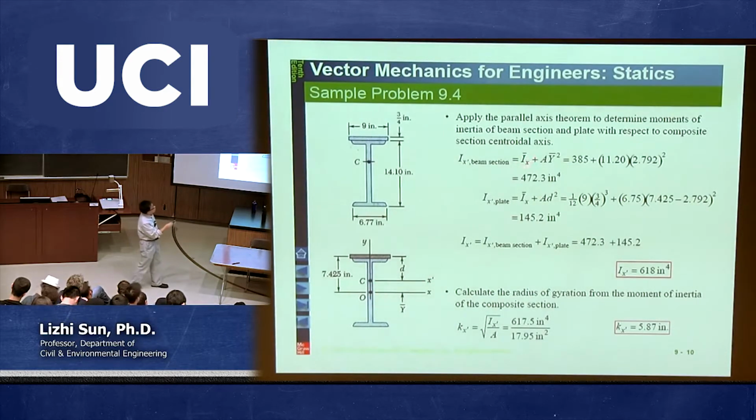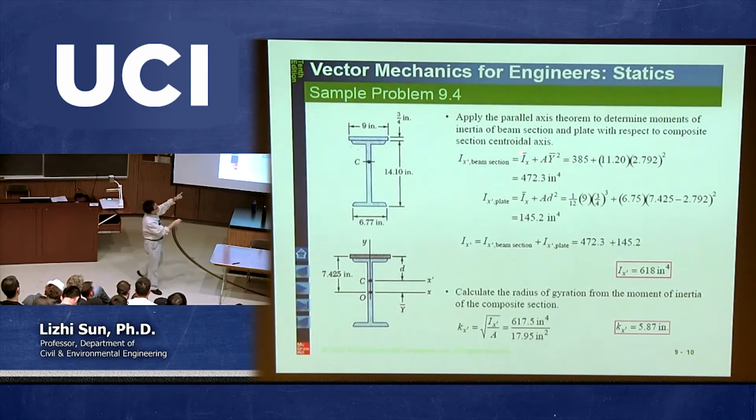But we know the moment of inertia of this second part with respect to its local x-axis, because this point O is a centroid for the second part. This is a centroid for the whole thing, but this point O is a centroid for the second part.